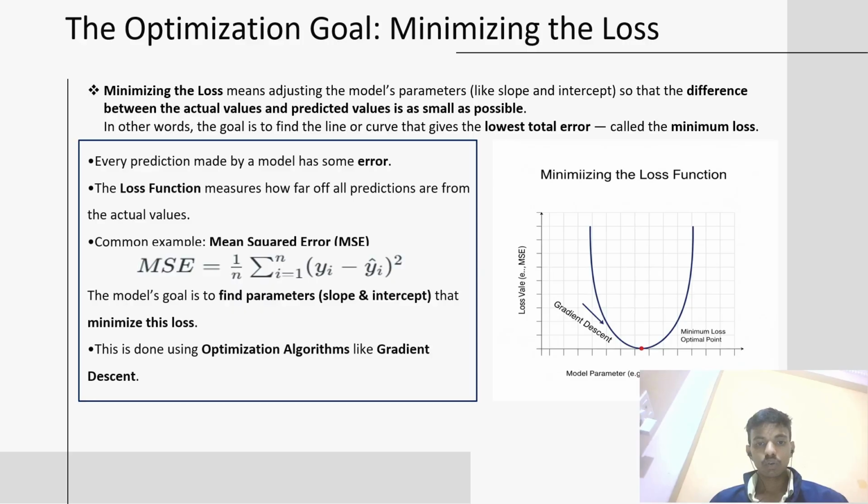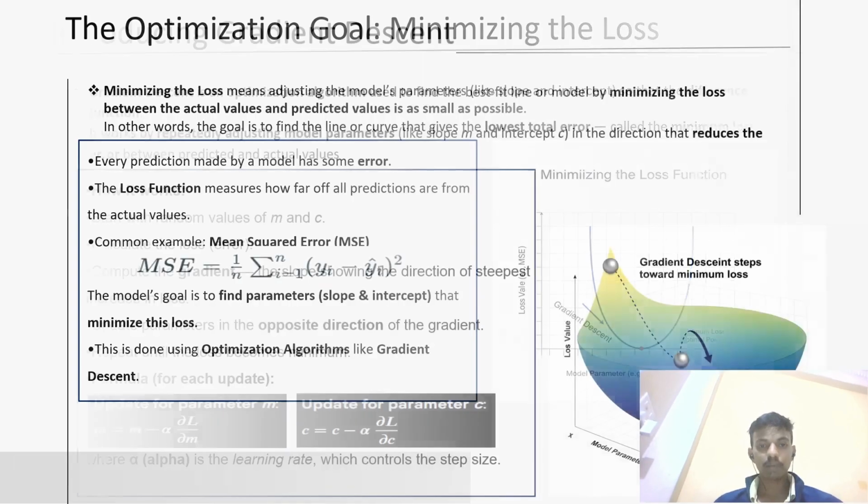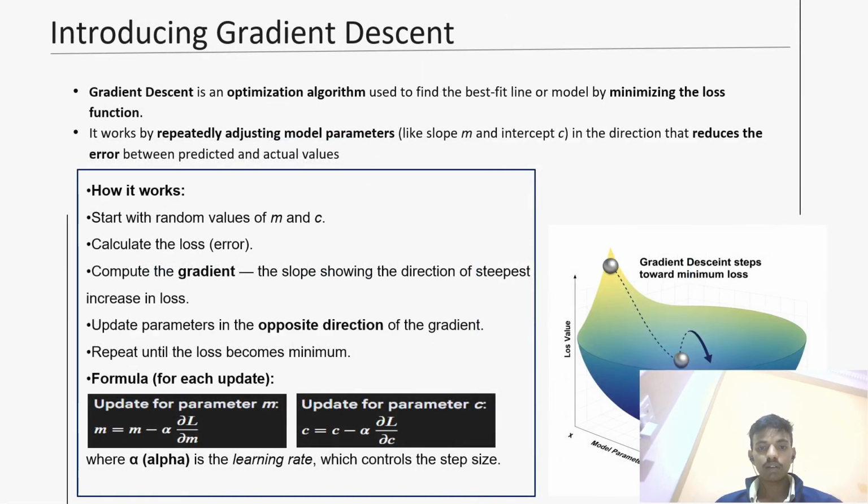This is where the optimizing algorithm, gradient descent, comes into place. What is meant by gradient descent? It's an optimizing algorithm which is used to find the best fit line or model by minimizing the loss function.